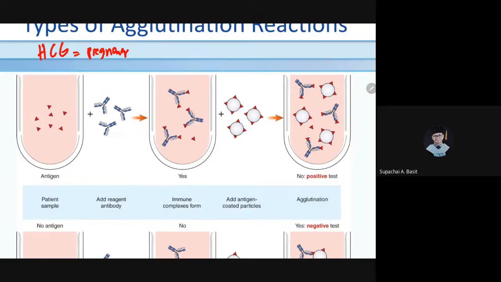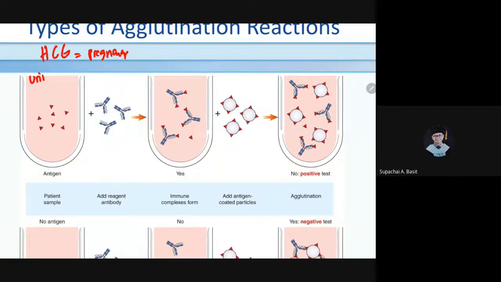Okay. So, let's say the patient is pregnant. So this is a urine sample, and the patient has antigen, which is the human chorionic gonadotropin. And then you add anti-HCG. What is the source of anti-HCG?